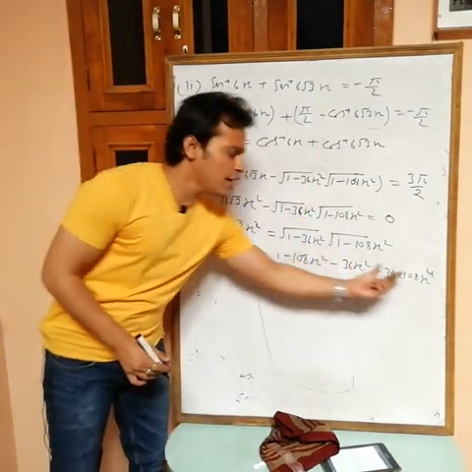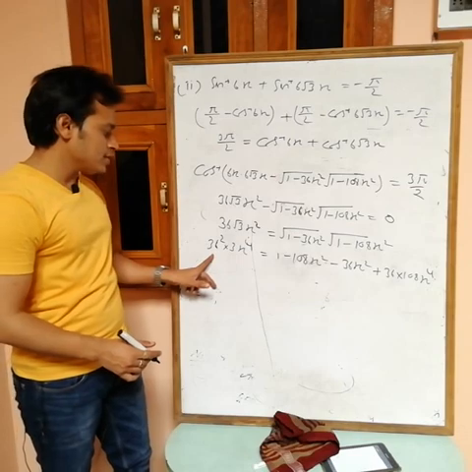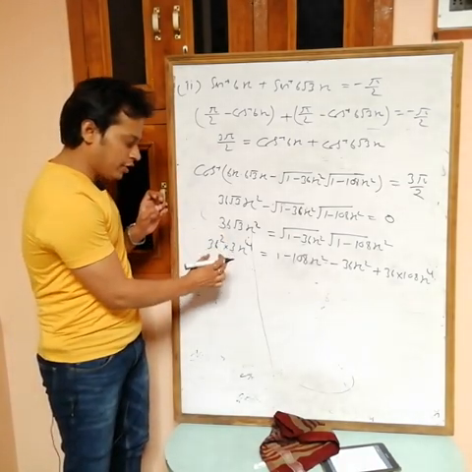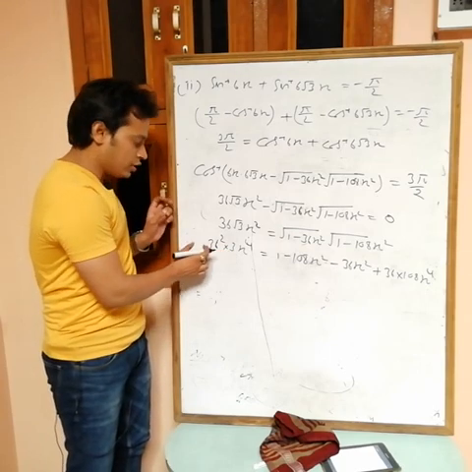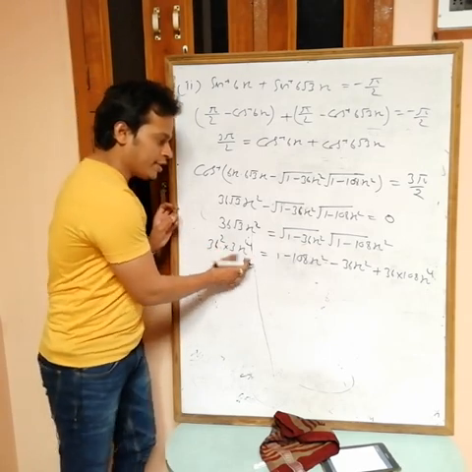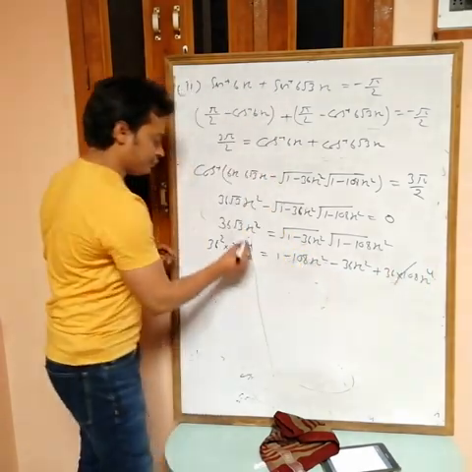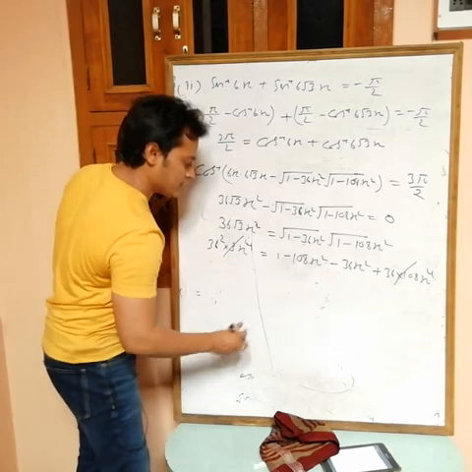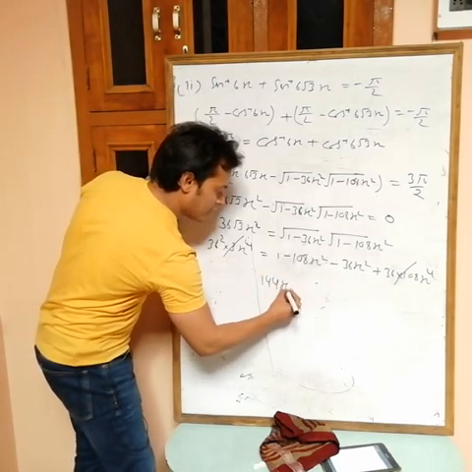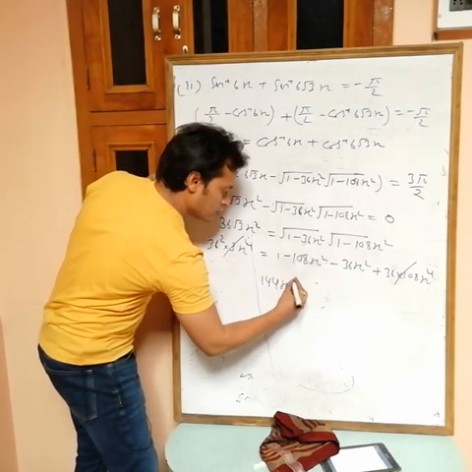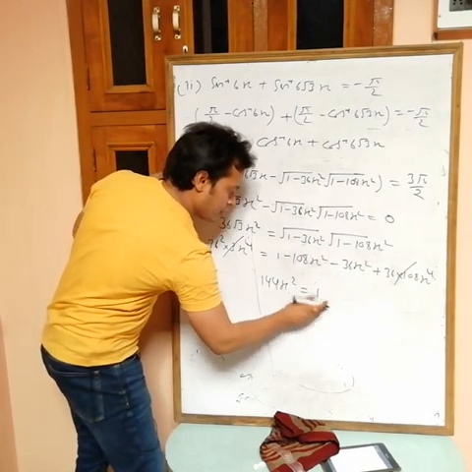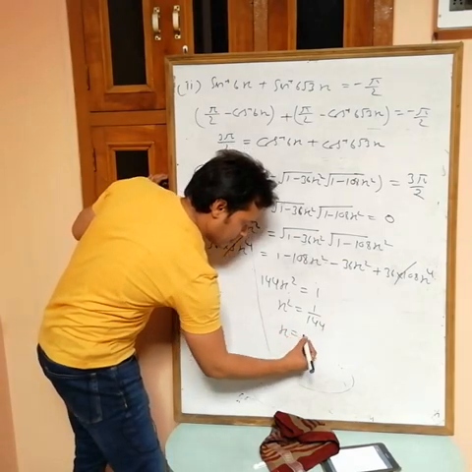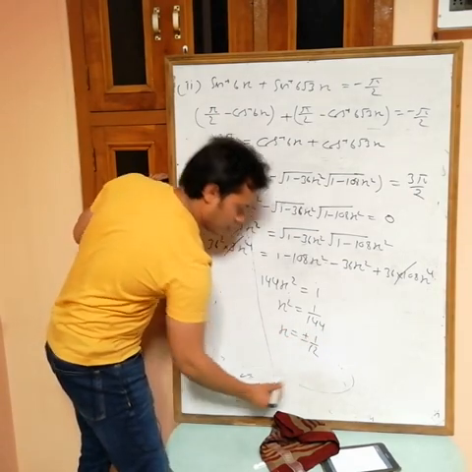Actually, these two terms are the same. 36 square can be written as 36 into 36, that into 3 is 36 into 108, so 36 into 108 into x power 4 cancels out. 108 and 36 make 144 on this side. We are getting 144 x square equals 1. So x square equals 1 by 144, x equals plus or minus 1 by 12.